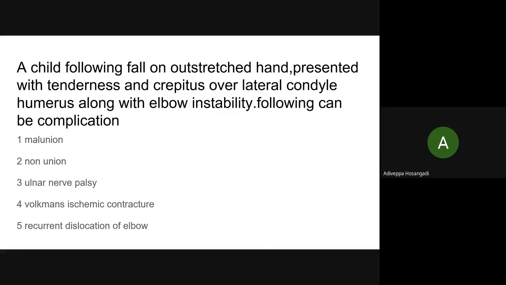A child following fall on outstretched hand presented with tenderness and crepitus over lateral condyle with elbow instability. Non-unions.